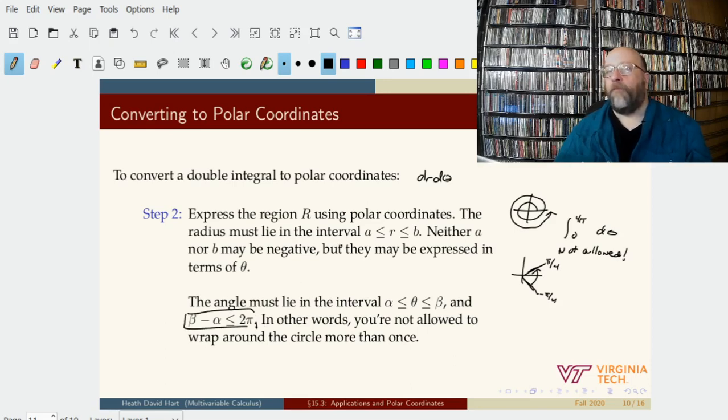When I'm expressing radius, though, radius always has to be positive. So neither the small boundary nor the large boundary is ever allowed to be negative when we're integrating, okay? But because it's the inside variable, we are allowed to have thetas in our formula. So we don't have to have constants for r. R can have thetas in them, okay?